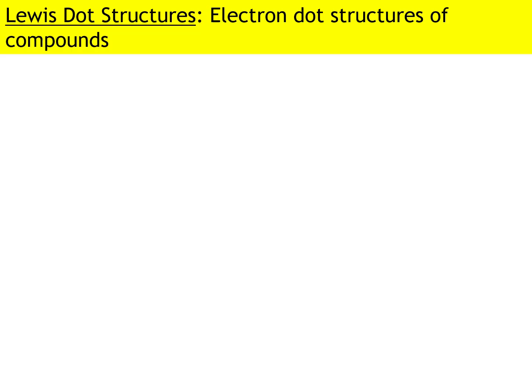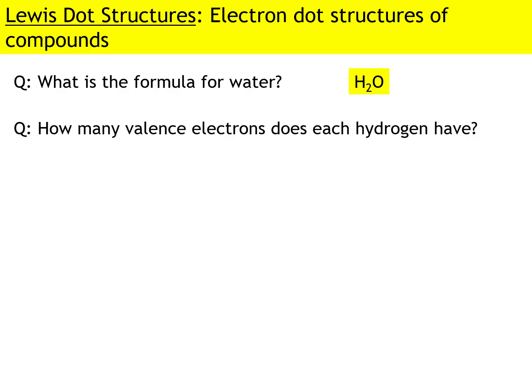All right, so Lewis dot structures. I've got some leading questions to help you understand the process. First question, what is the formula for water? The first time I ask this to my students, they're like, this is a trick question. So hopefully you said to yourself, H2O. How many valence electrons does each hydrogen have?